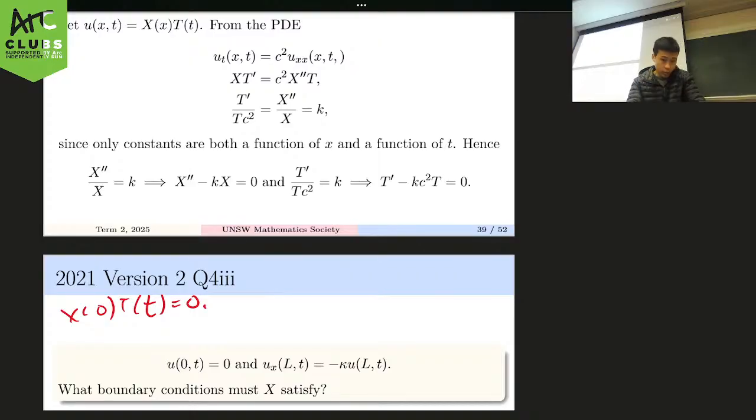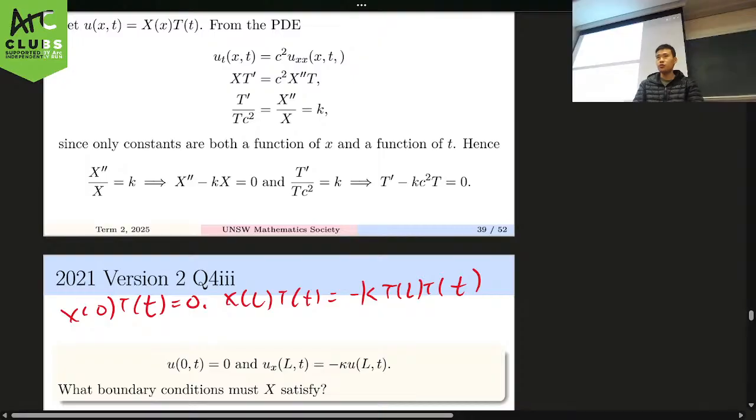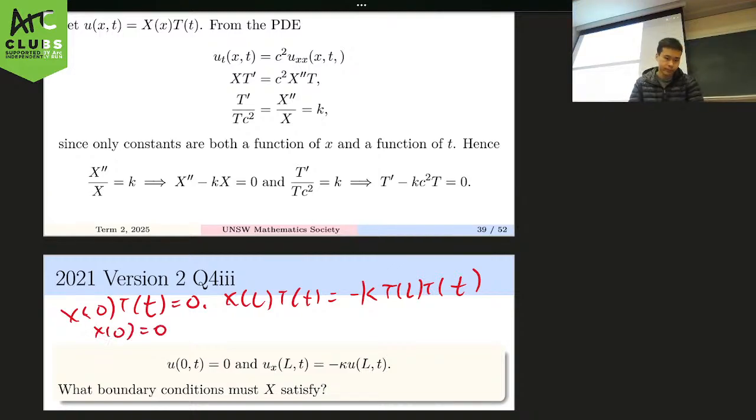And then solving the other one, X of L, T of t must equal the negative of kappa times T of L, T of t. The important thing here is that if it was a trivial solution, it's a bit boring, so we don't want to assume that. There can only be one thing, which is the fact that X of 0 must be equal to 0. We're going to use that fact later.